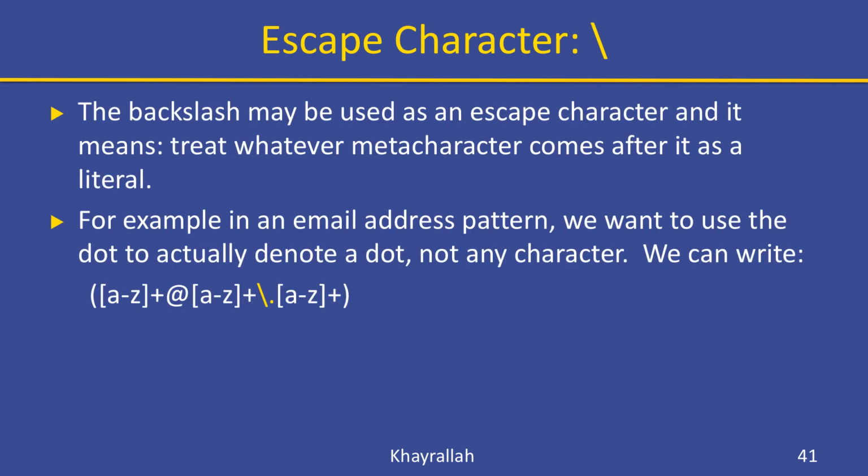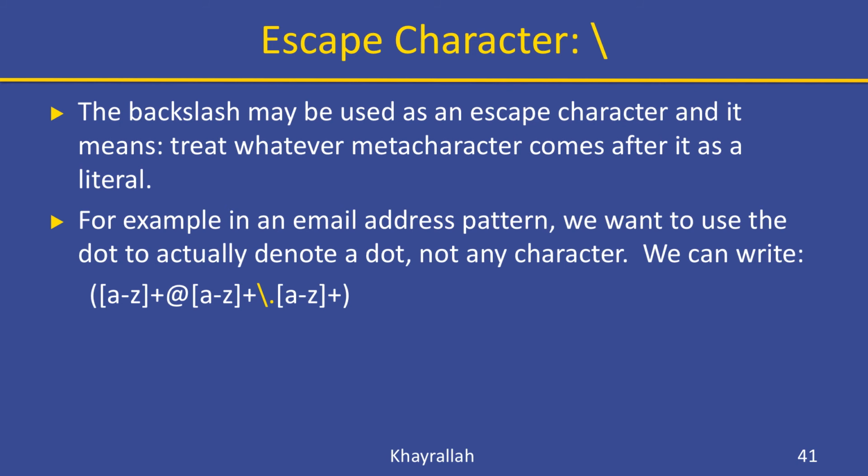The backslash may be used as an escape character, and it means treat whatever meta character comes after it as a literal. In other words, the meta characters lose their superpowers when they come after the backslash. For example, in an email address pattern, we want to use the dot to actually denote a dot, not any character.